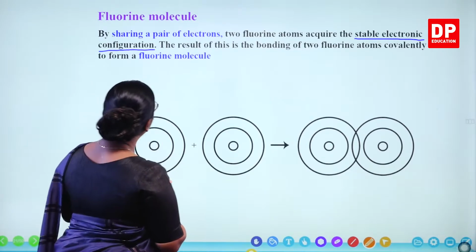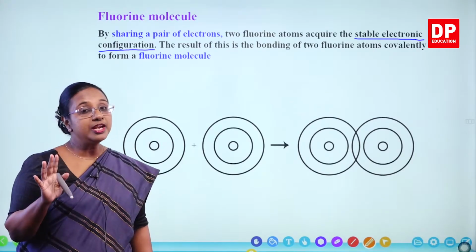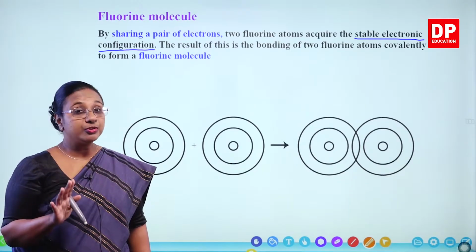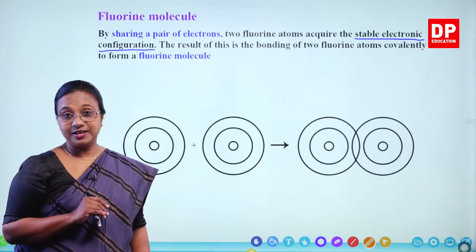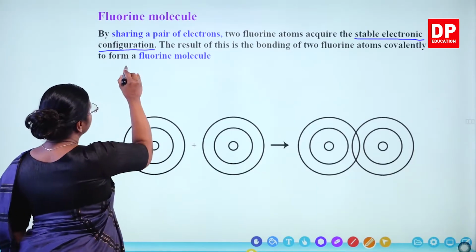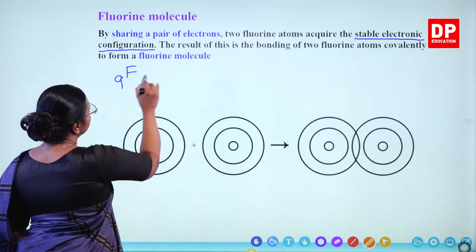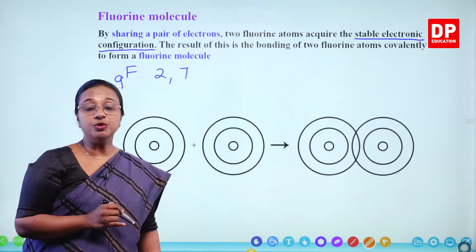Now we will try to understand how that happens. So students, you already know the first 20 elements of the periodic table. You know their atomic number and you know to write their electronic configuration. So fluorine, what is the atomic number of fluorine? It is 9. So if you write the electronic configuration, it's going to be 2, 7.